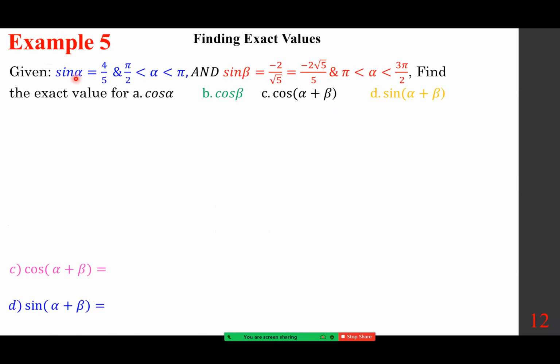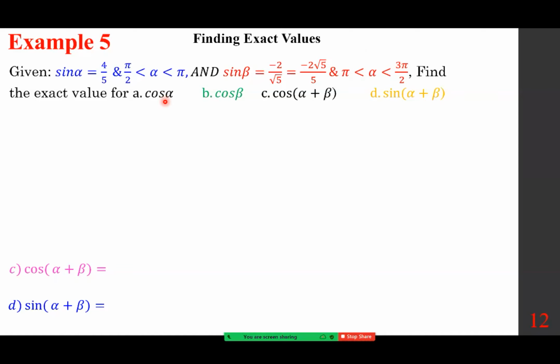We are given sine alpha to be 4/5. And it's between pi/2 and pi, which makes it the second quadrant. Sine beta is minus 2 over square root of 5, or minus 2 square root of 5 over 5. And it's between pi and 3 pi/2, which makes it the third quadrant.